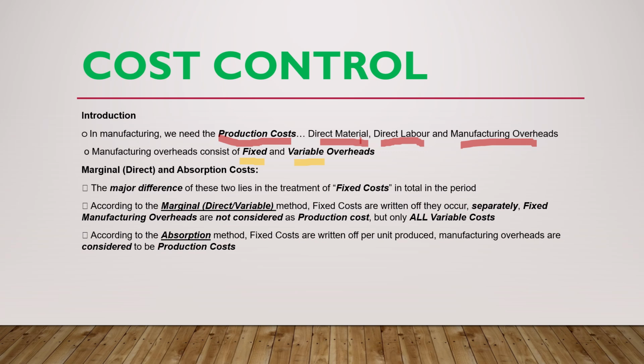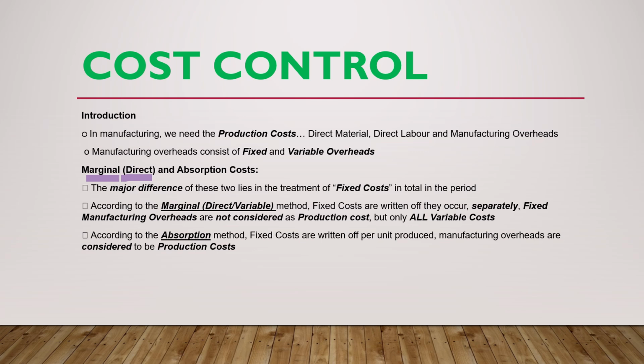Okay, now let's go to these two methods. The first one, we call it the marginal method. Sometimes it's called the direct method, sometimes the variable method. They mention it by different names, so don't be confused.